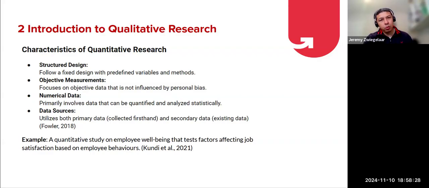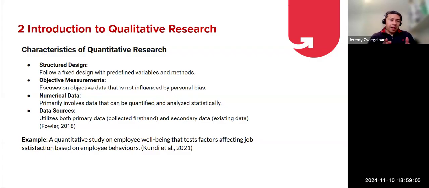So here's an example of what this potentially might look like. So we'd look at a quantitative study on employee well-being that tests the factors affecting job satisfaction based on employee behaviors. So in this example, what we're looking to do is to understand well-being, but also testing what specific factors have an effect. And when I say an effect, I mean what affects how that job satisfaction works, and then what it relates to in terms of employee behaviors.